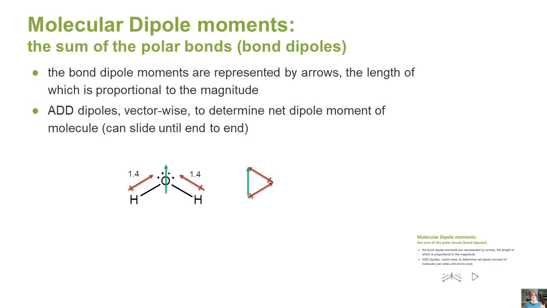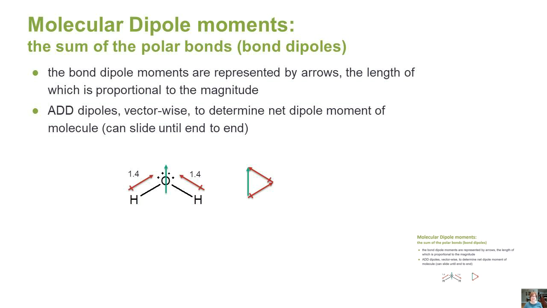I would have to draw the molecule according to its VSEPR shape, and then draw it in the representation of the shape with the right bond angles. Then I can draw the dipoles in the correct orientation and slide them end to end.